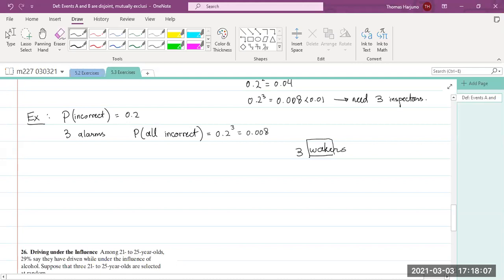Now, of course, for you to wake up on time, all you need is actually one of them to work correctly. You don't need all three to work correctly. You just need one of them to work correctly. So the probability at least one works correctly equals 1 minus the probability all incorrect.